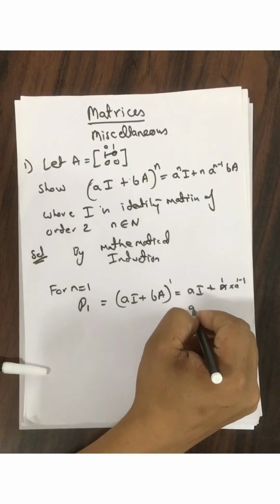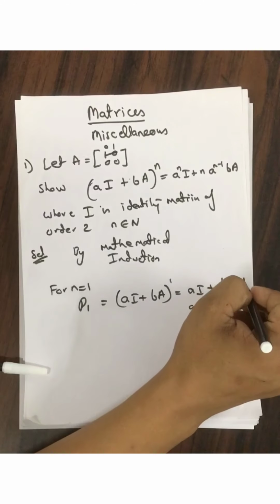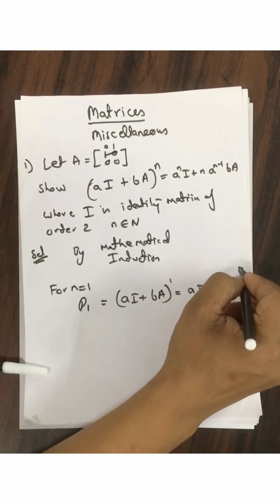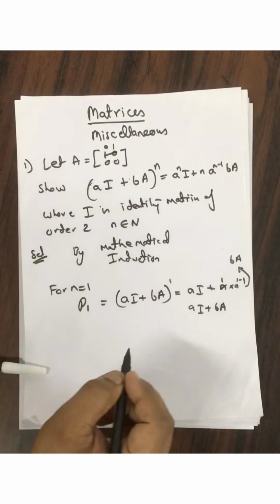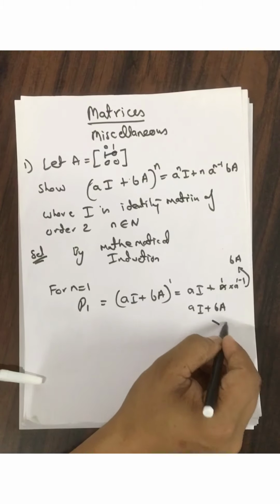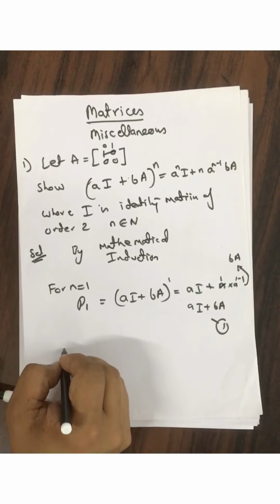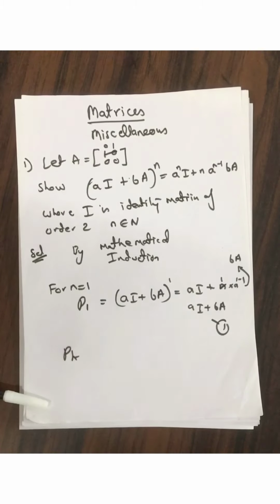This comes AI plus BA, and this side over here it is BA also. So this is the first equation, AI plus BA. Now we find PK, remember we used to find out PK, then PK plus 1.